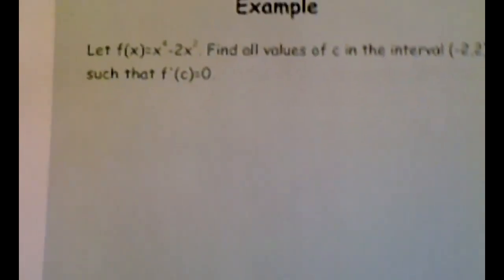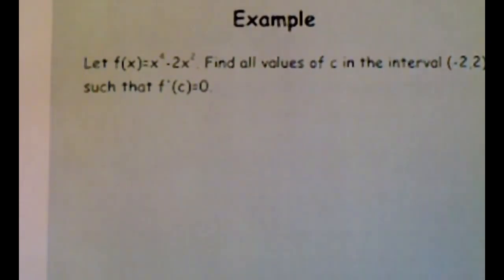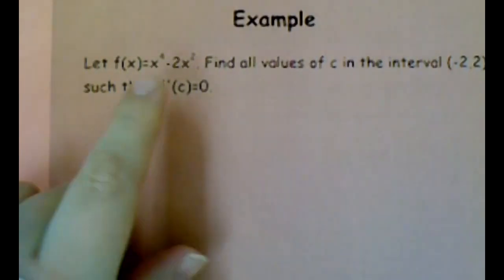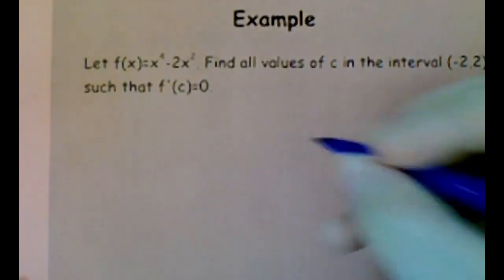So for our next question, f of x is x to the 4th power minus 2x squared. We're going to find all values of c in the interval -2 to 2 such that f prime of c equals 0. Well, the first thing I would do is verify that Rolle's theorem applies, because Rolle's theorem is what guarantees that the derivative equals 0 at some point in between.